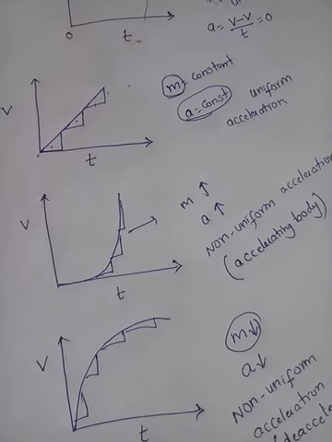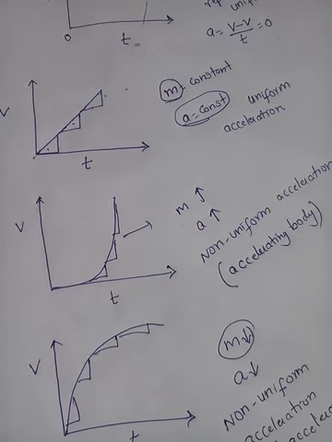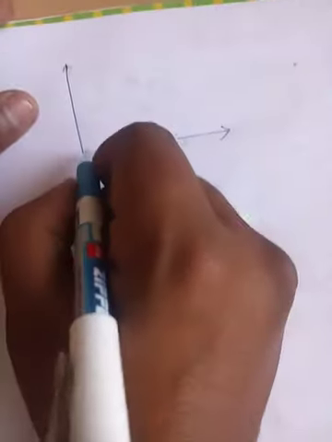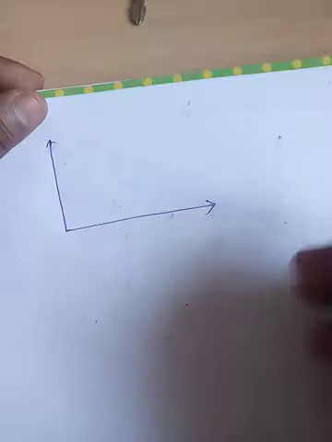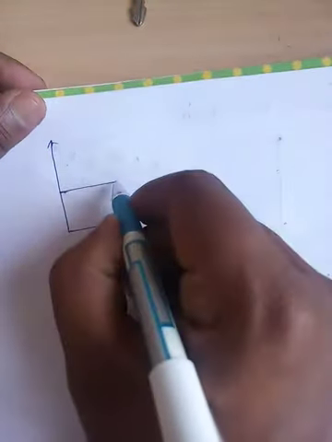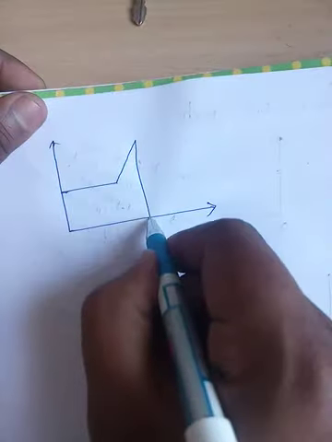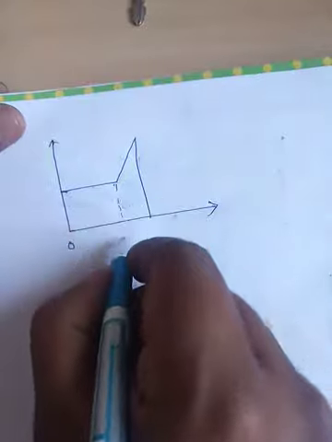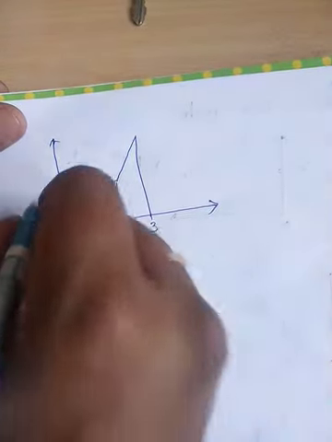These graphs are very similar to the position time graphs. Let us take an example of how questions will come based on velocity time graphs, based on displacement. A graph is represented like this. They have given time intervals also. This is 2 and this is 3.